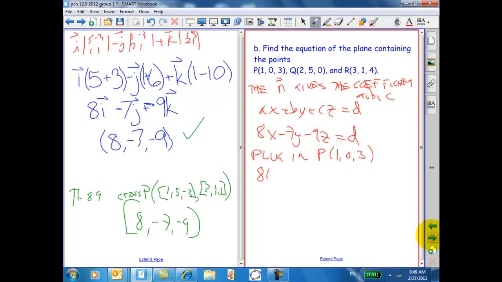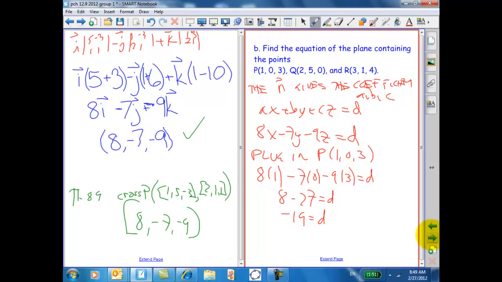So 8 times 1. 8, that's correct. 8 times 1 minus 7 times 0 minus 9 times 3 equals D. So you get 8 minus 27. Oh, it's one of those tricky ones, negative 19. Is that the answer? D equals negative 19.